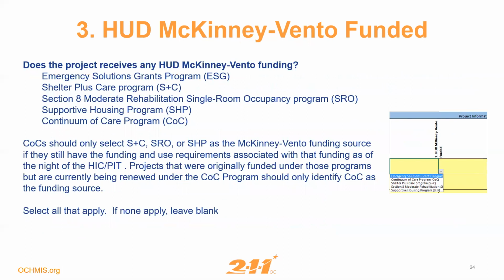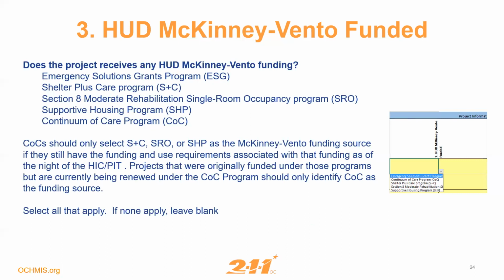Then we also want to know if your project receives any HUD McKinney-Vento funding. Examples of that type of funding are Continuum of Care or CoC funding, or Shelter Plus Care or S+C funding. We also want to clarify that you should only report the funding source as it is on the night of the HIC.